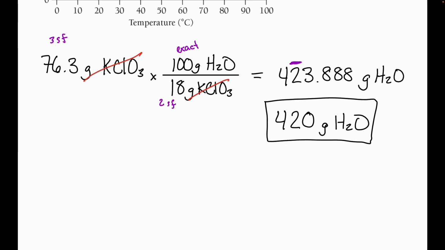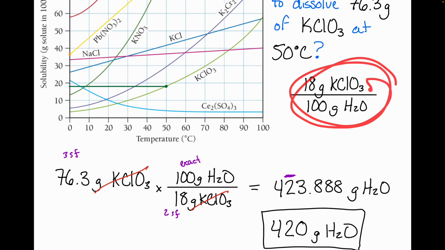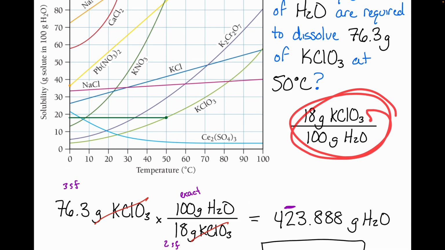How do you know when to put the numbers on the bottom or on the side? How did I know to flip this upside down? Because I switched the 18 and the 76. This is what we've got from our chart here, right? The chart reads 18 grams per 100 grams of water.